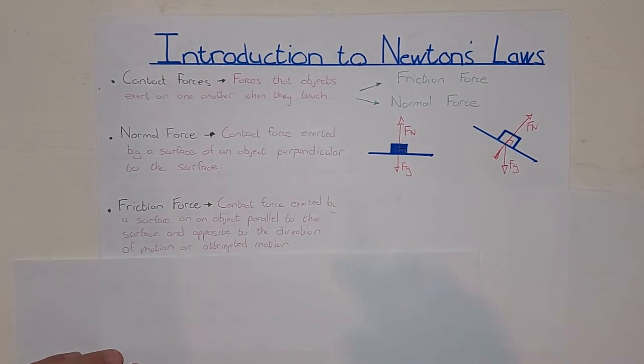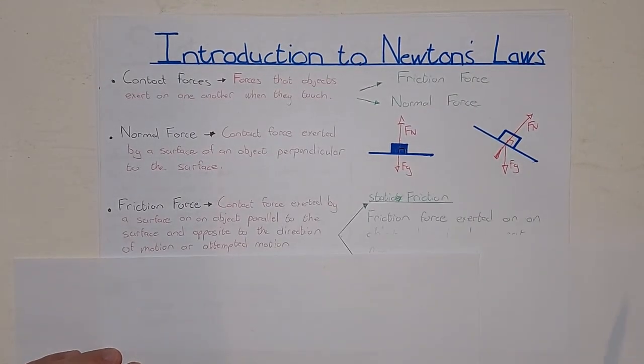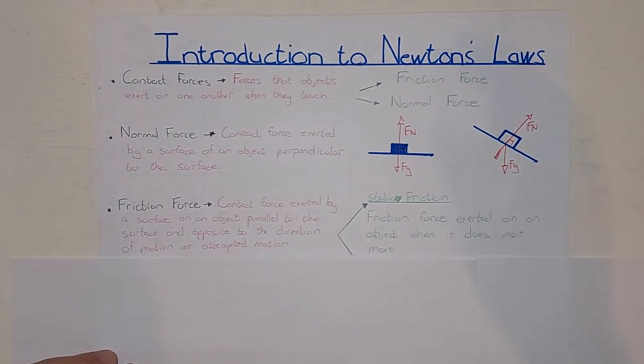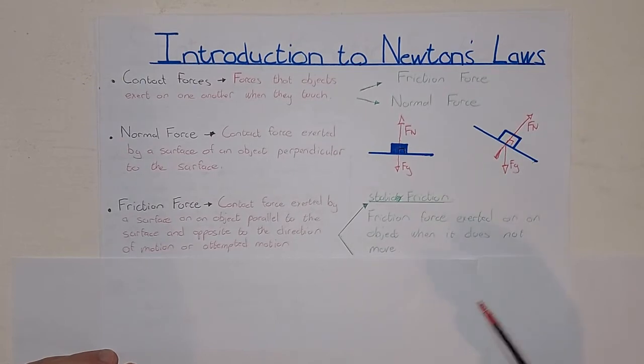And we have two types of friction force, the first one being static friction. Static friction is a friction force exerted on an object when it does not move. So when my object does not move, it is because it has not overcome its static friction, right?